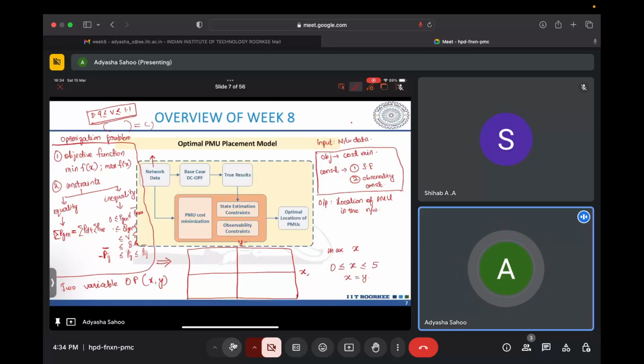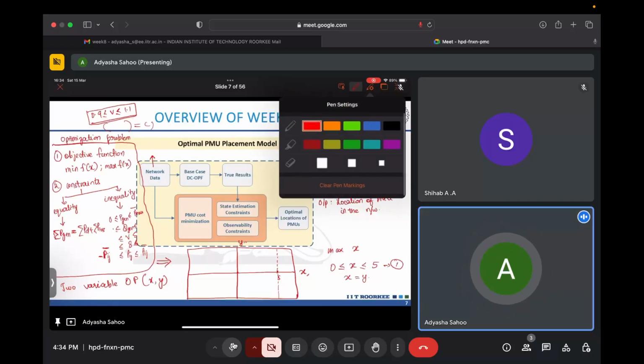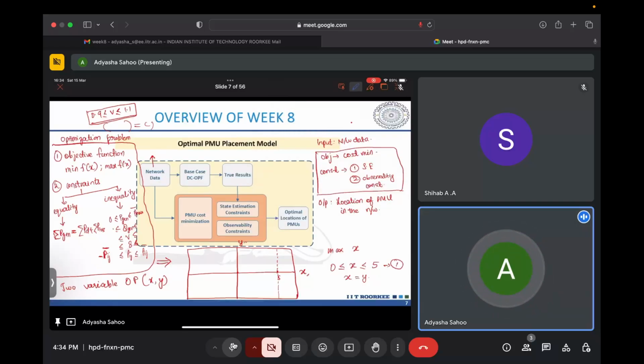Now by adding this constraint 1, we cut off some of this subspace. We are telling that X can only vary from 0 to 5. So let's say 5 is somewhere here. By doing this, we are chopping off some of the region. We are saying that X cannot go beyond 5, so this region is not possible.